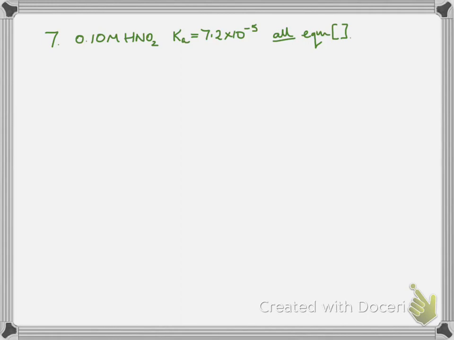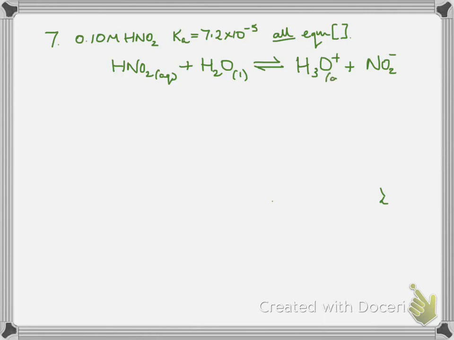So this time we do have to set up an ice box. Our equation is going to be HNO2 (aq) plus H2O (liquid) in equilibrium with H3O plus and NO2 minus. Both of those will be aq.